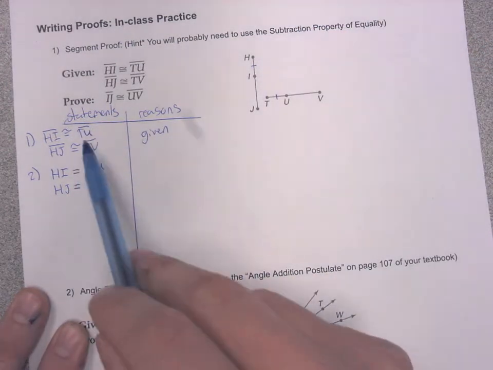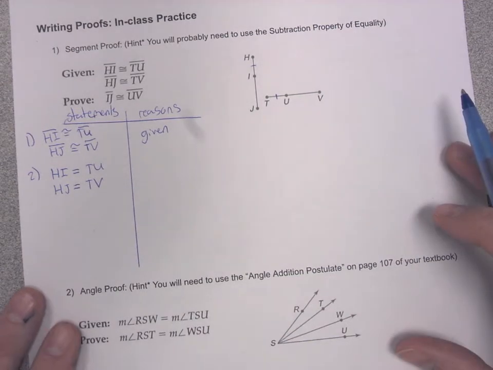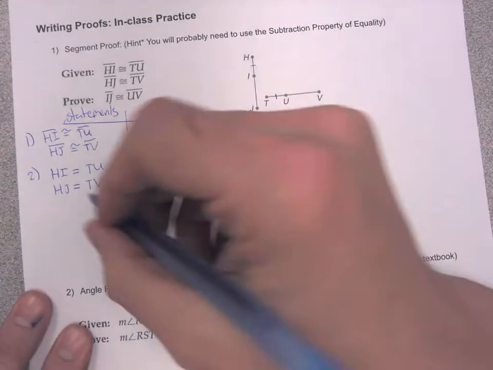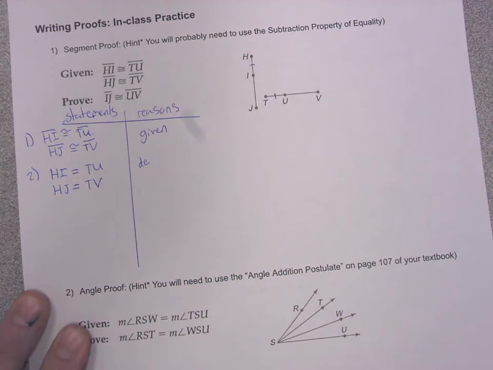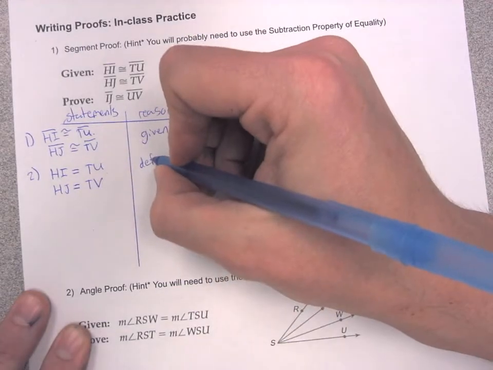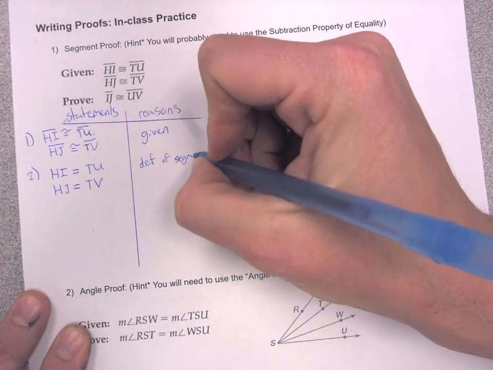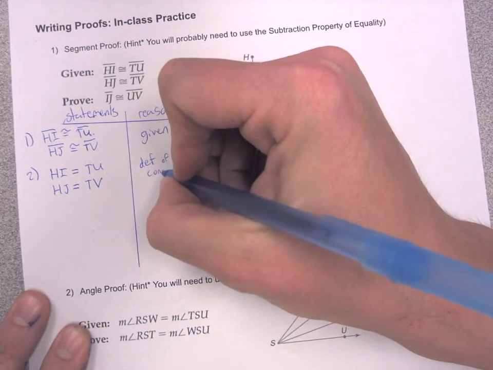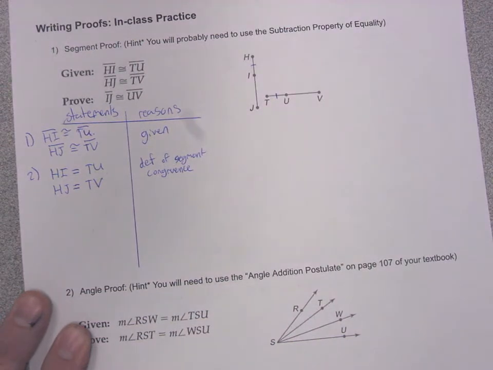So these are equations, and I can do more with equations, like add and subtract and multiply and divide and substitute. The reason I can go from here to here is it's the definition of congruent segments. Congruence means, by definition, equal measure. So I'm going to put definition of segment congruence. Okay. That's just a definition.